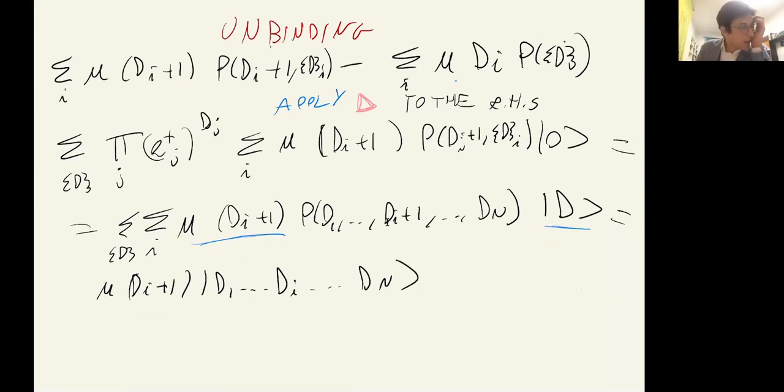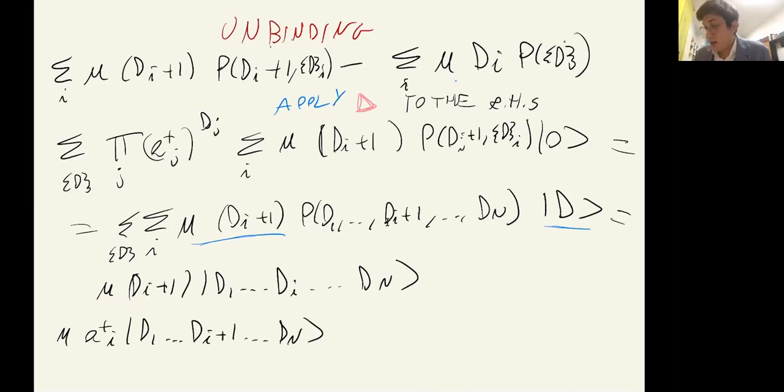So the point is, is there maybe a way to write this part in terms of creation and annihilation operators? Well, let's think about it. If we write a dagger i of d1, ..., d_{i+1}, ..., dn, well, this doesn't work, right? Because here we increase by 1. But what happens if we use the lowering operator?